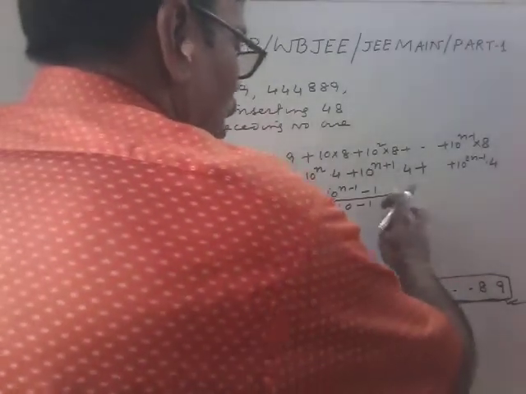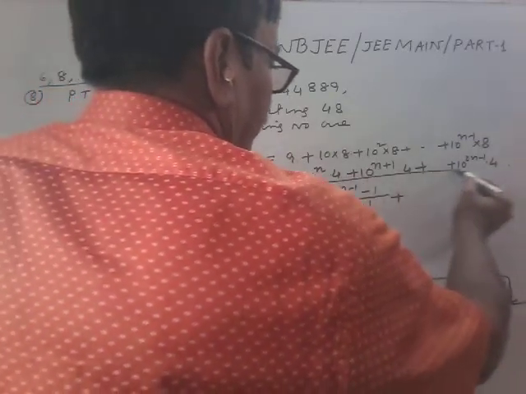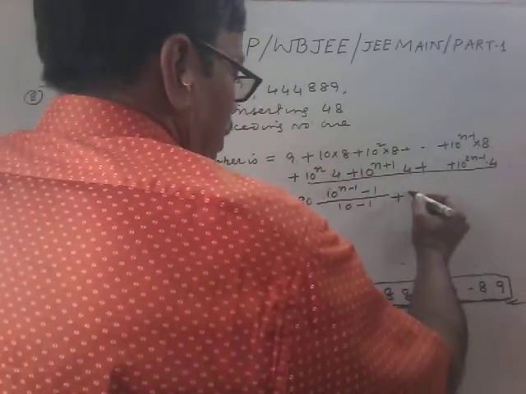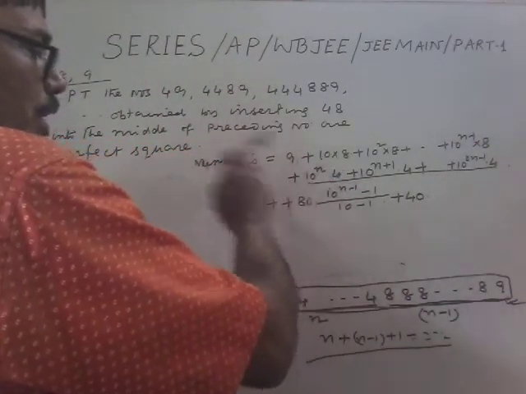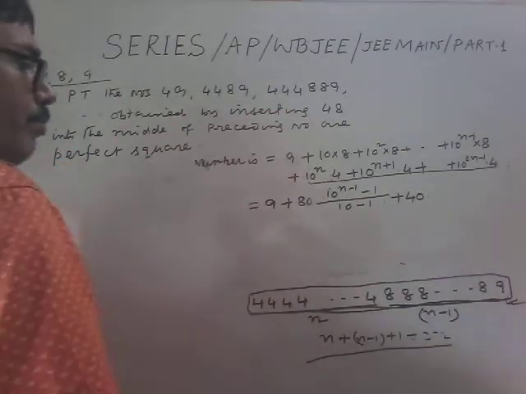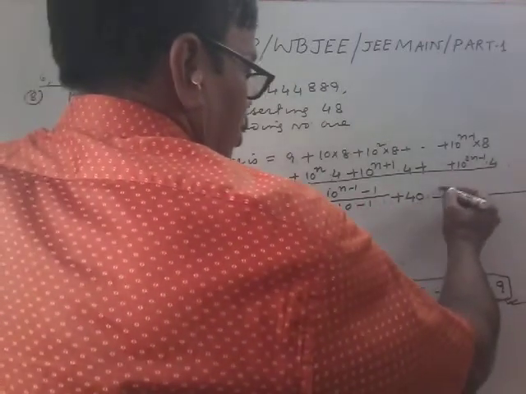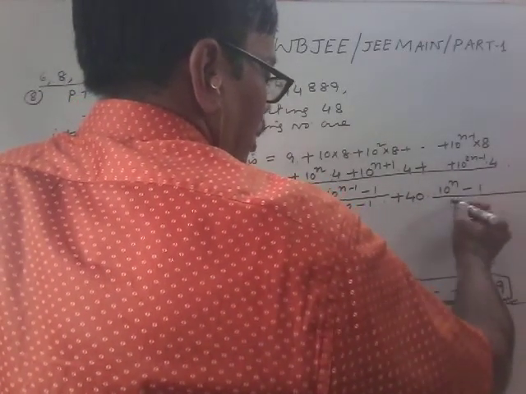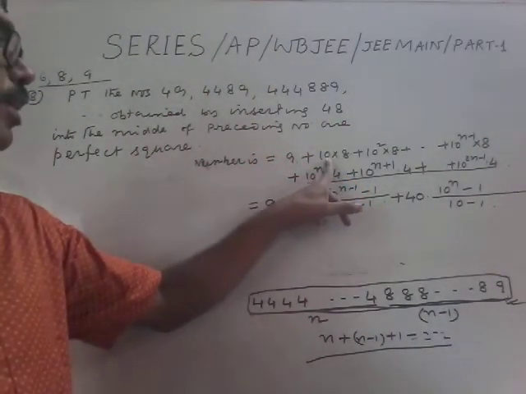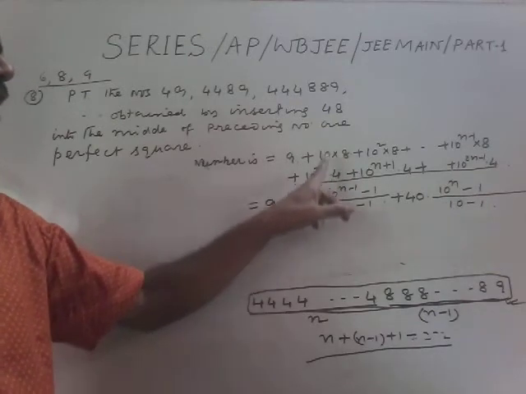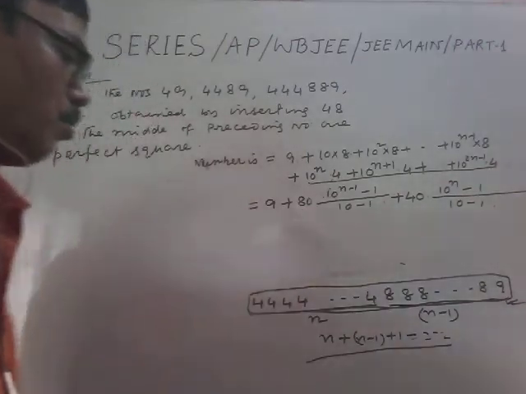Next, look up to this: 40 into, 40 is 4 into 10. The first term is 1. How many terms? The number of terms is n. So 10 to the power n minus 1 by 10 minus 1. If we take 10 common, then the first term a is 1. That is why it is 80 and this is 40.